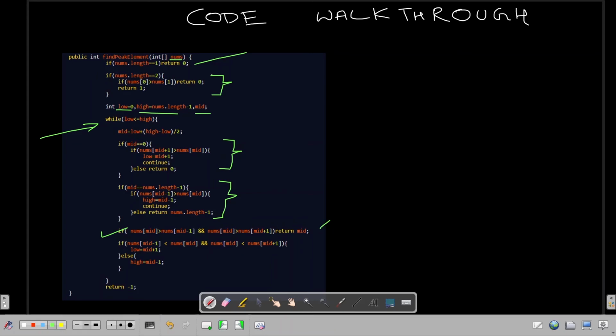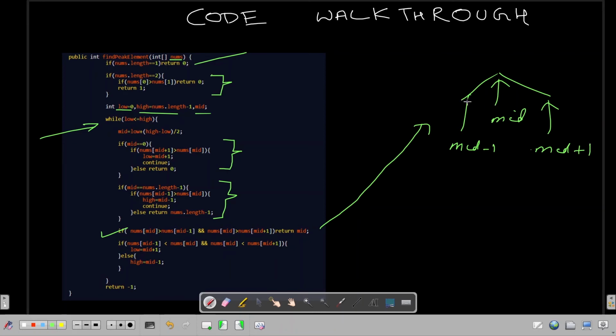What is this scenario? This is this scenario. Mid is at the mountain peak, and mid minus 1 is here, and mid plus 1 is here. Got it. Okay, this is the scenario.